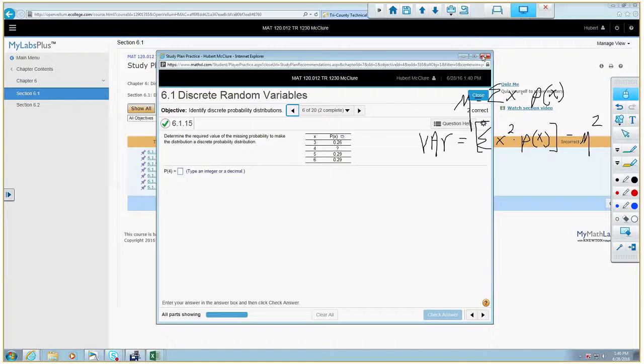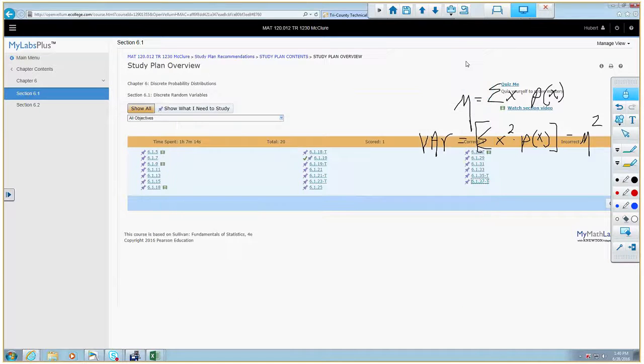You know, yours says 20 and I only have 11. I told you this is the study plan. This isn't the homework. But that question is on your homework, I think. If it's not, it's going to be on your test. Okay. Now that's 6.1.